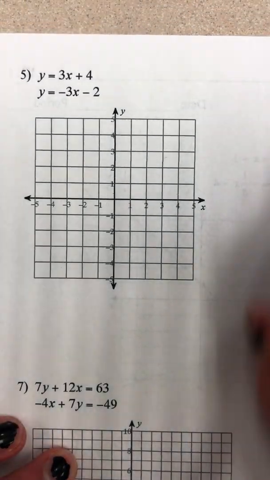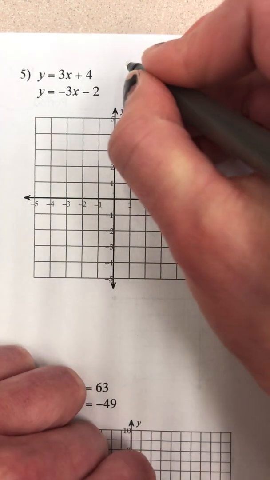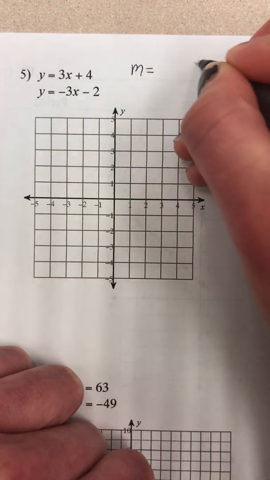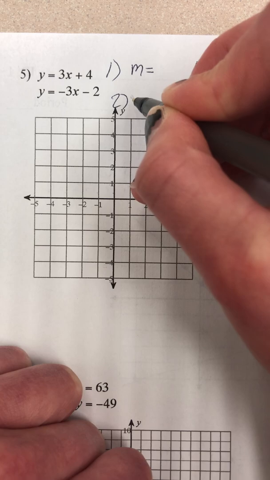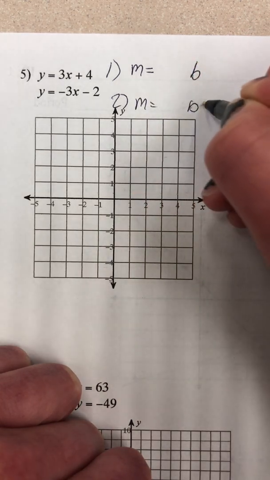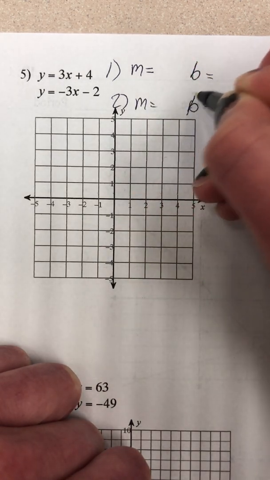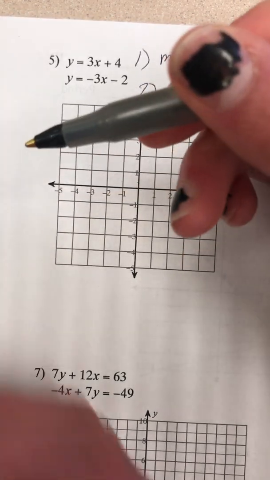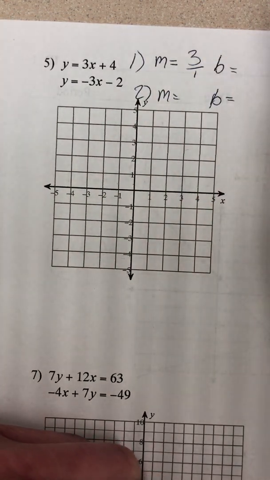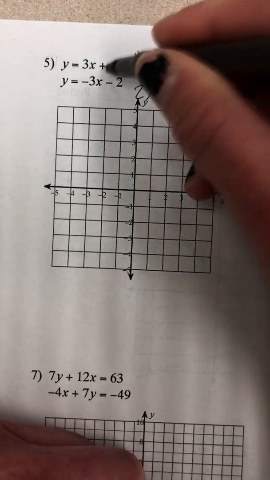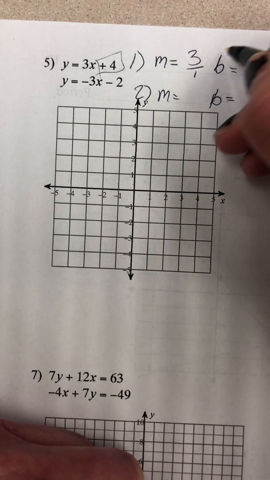Looking at number 5, again, we're going to do the same thing. We're going to find our y-intercept and our slope for the first line, and our second line. Our slope is 3. Remember, if it's a whole number, it is over 1. Our y-intercept is our constant, or 4.